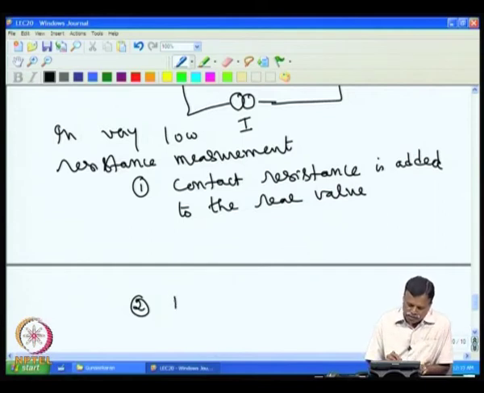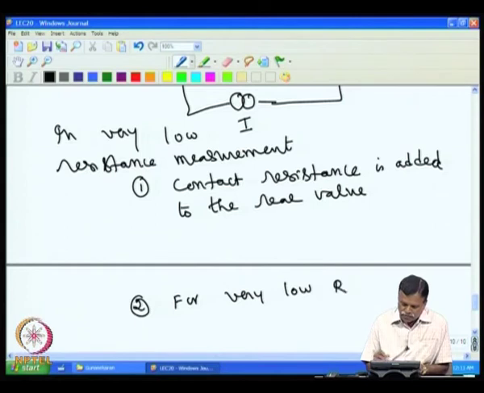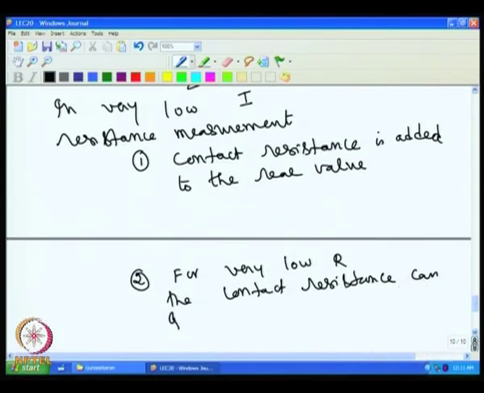So, for very low values of resistance, the contact resistance can give a large error.